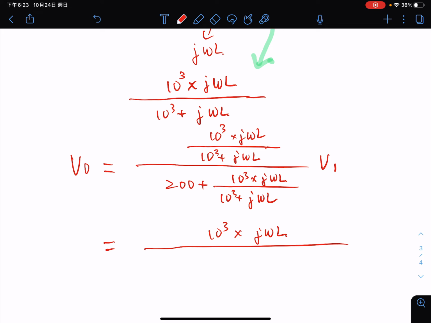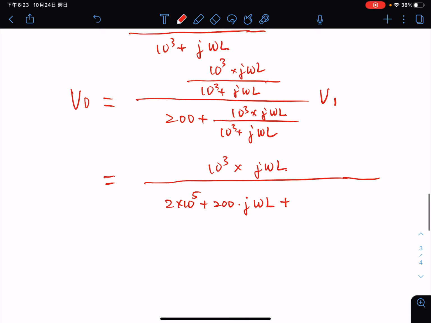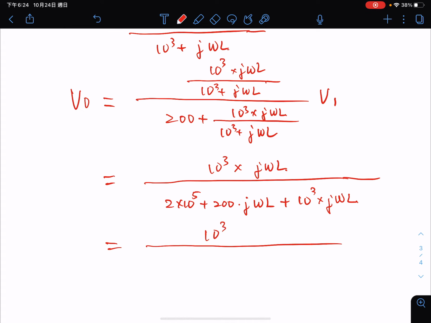Okay, and we do the multiplication first. We have 2 multiplied by 10 to the 5 plus 200 multiplied by j omega L, right? And plus 10 to the 3 multiplied by j omega L here, right? And let's try to do some arithmetic.